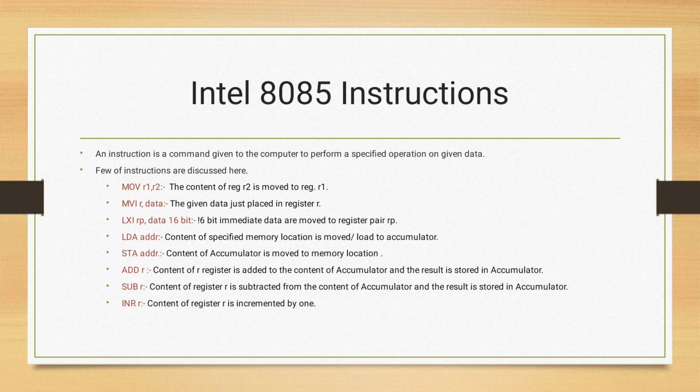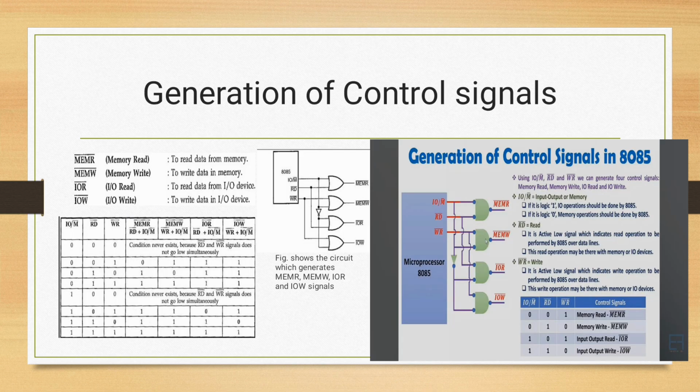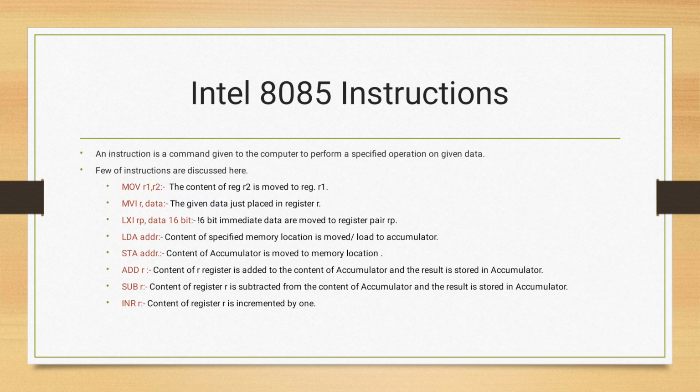Instead of R1 or R2, we can take any arbitrary registers which are given in 8085: B, C, D, E, H, L and accumulator A. Next one is MVI R, data, which means if we want to move any immediate data into any arbitrary register R, such instructions will be used.